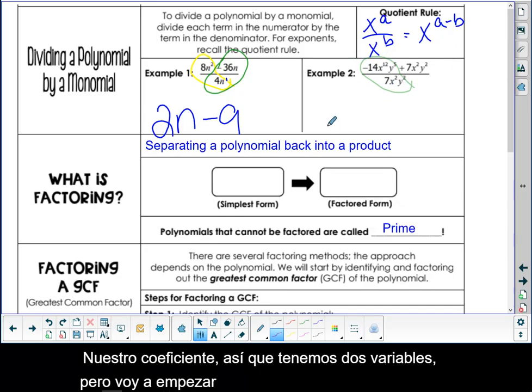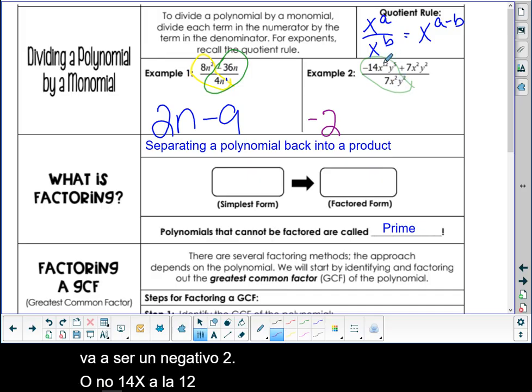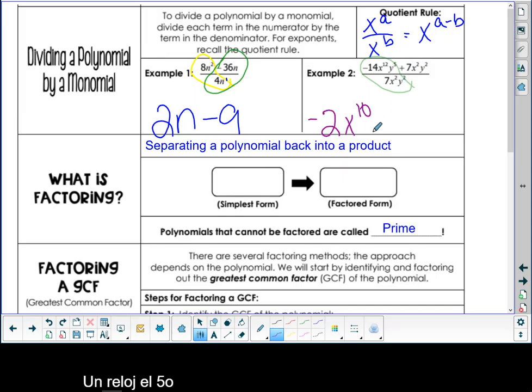Negative 14 divided by 7 is going to give me a negative 2. X to the 12th divided by x squared, I'm going to subtract those exponents. So 12 minus 2 is going to leave me with 10. And y to the 5th divided by y squared, 5 minus 2 is going to leave me with 3.